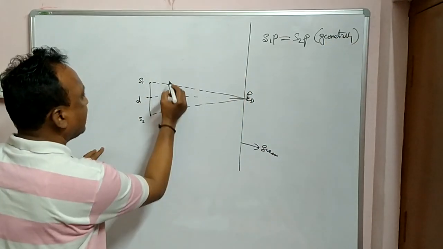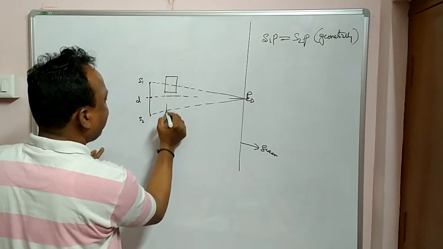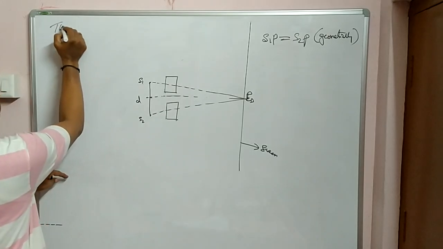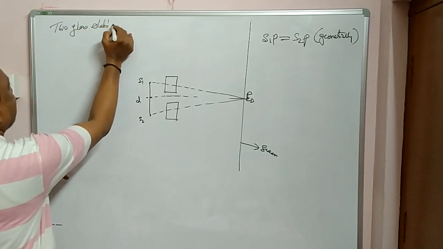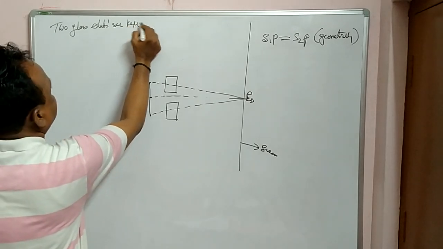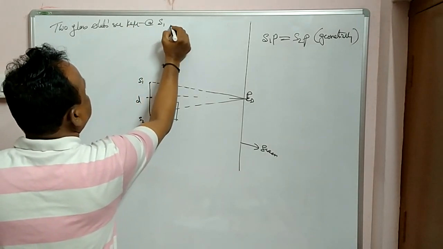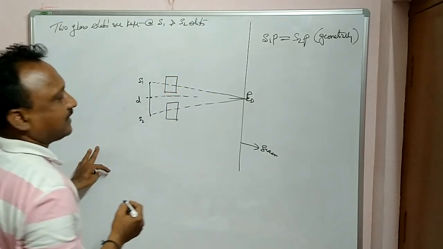But what I will do is, I will put two slabs, here one, here one. So two glass slabs are kept at S1 and S2 slits. Now what happens?